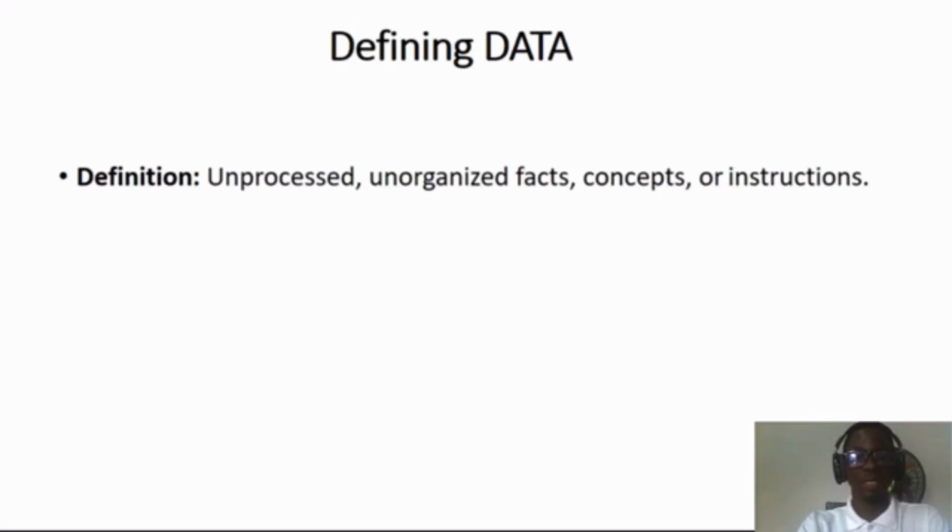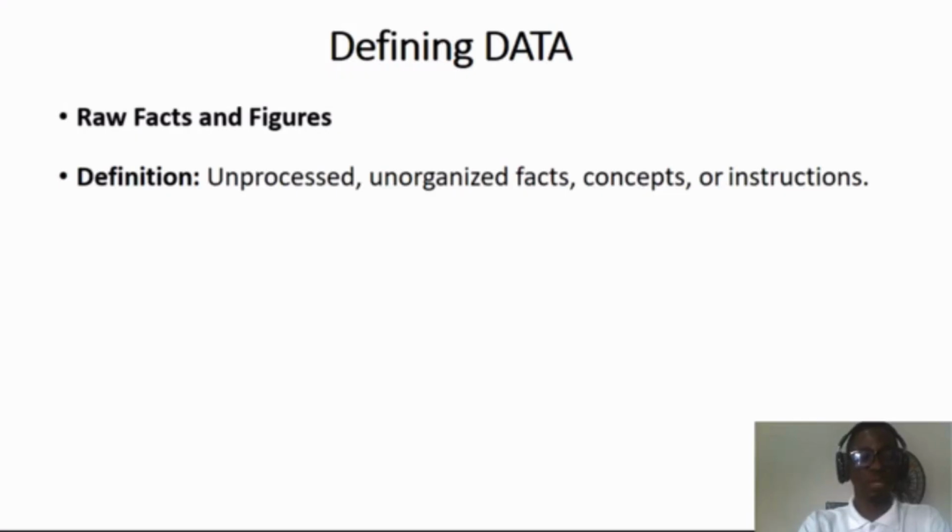What basically is data? Now, as we all know, the definition of data is raw facts and figures that are not processed. That is, they are facts or figures that are not organized.